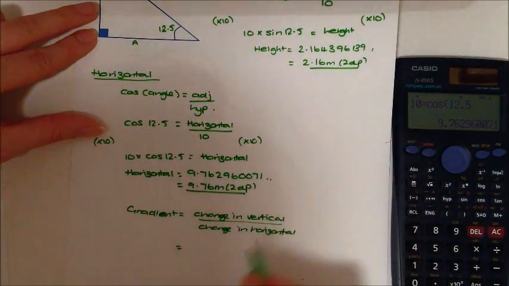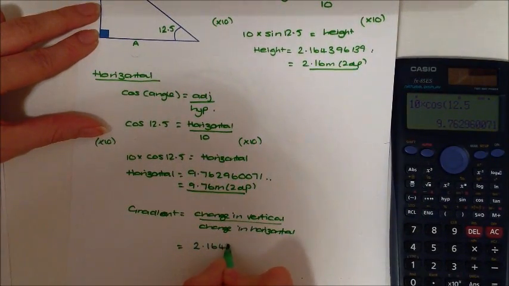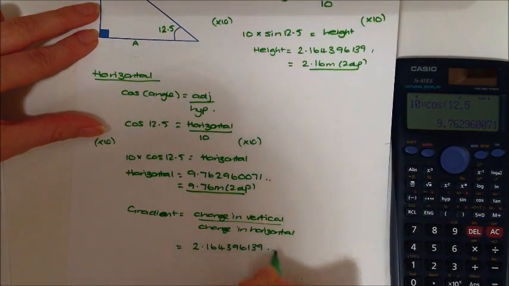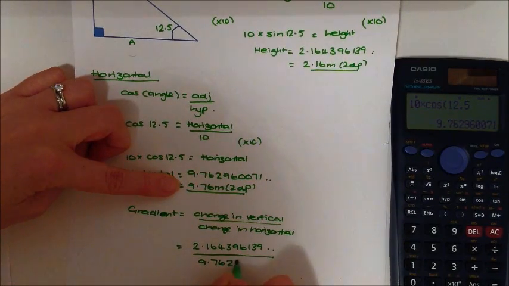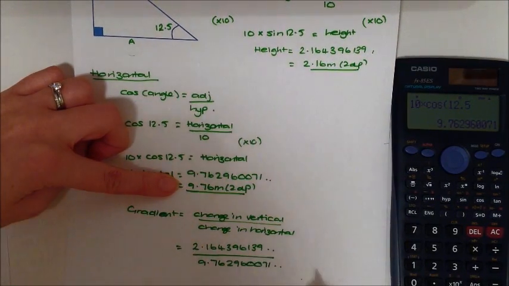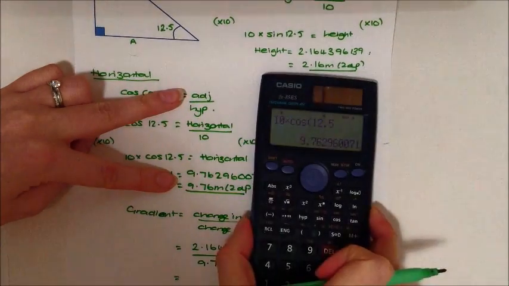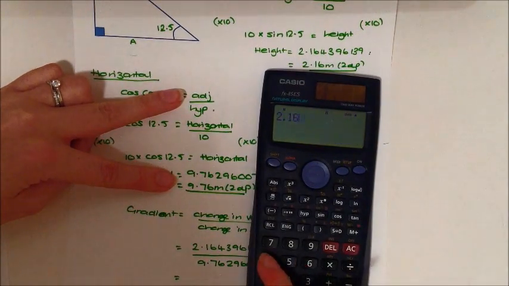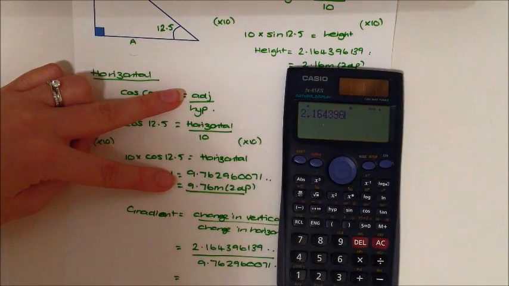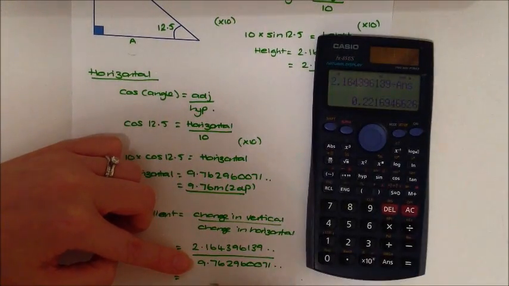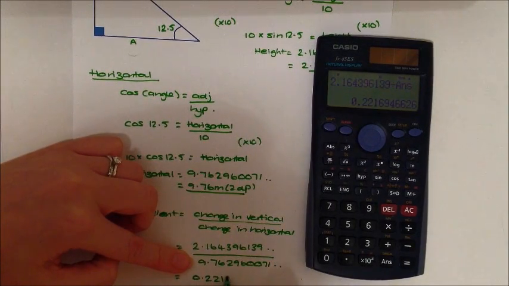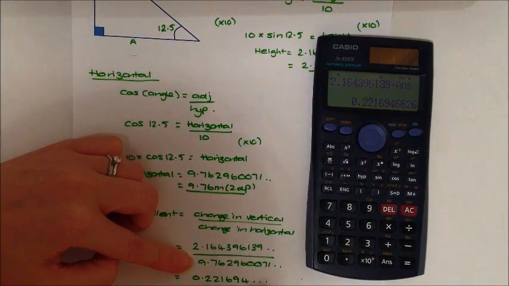So the vertical, which is the height, is 2.164396139, and we divide that by 9.7629600071. So on my calculator, I'm going to type in 2.164396139 divided by, and I'm going to press the answer button again, or you could just type this number in, and I get 0.221694 something, which we can now round because that's the end of our calculation.